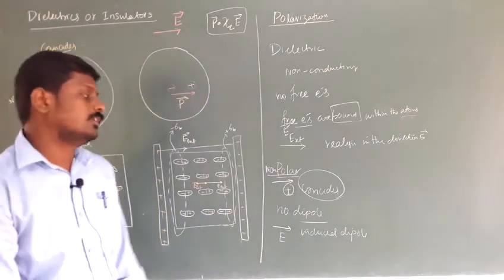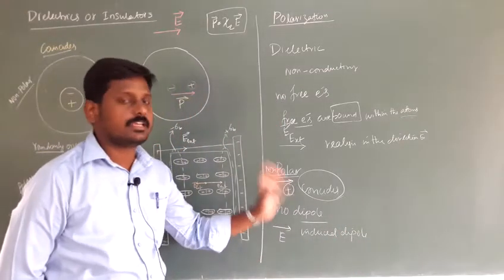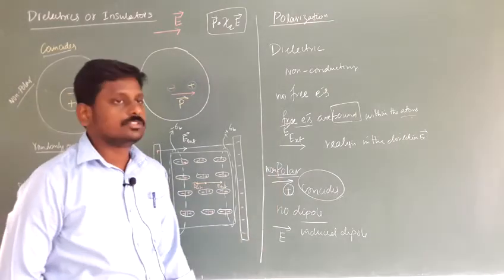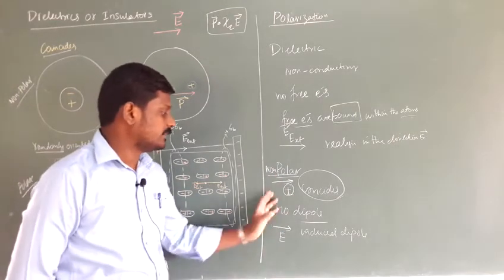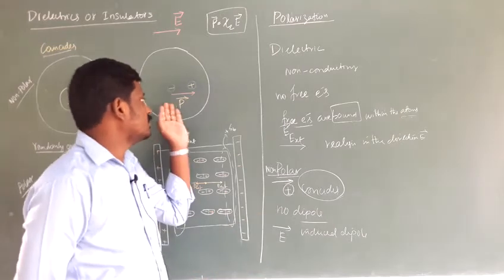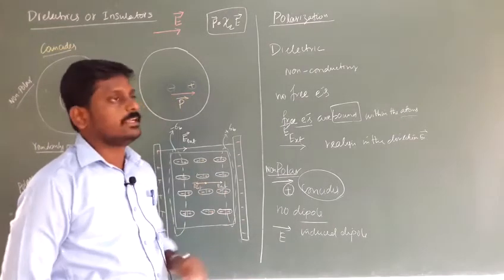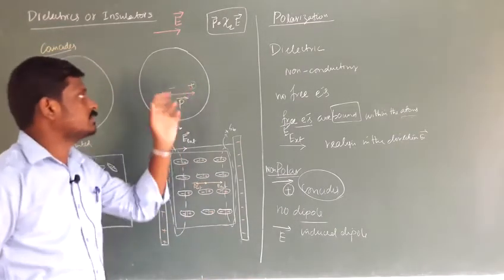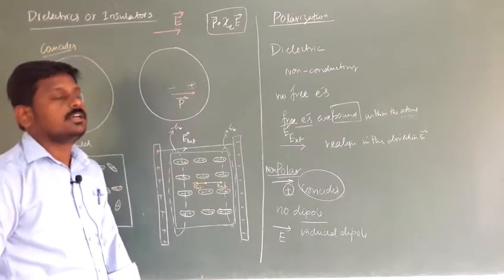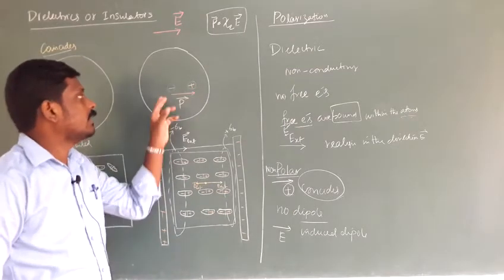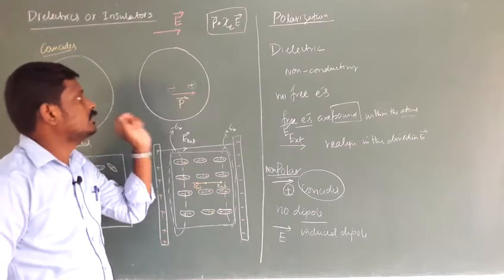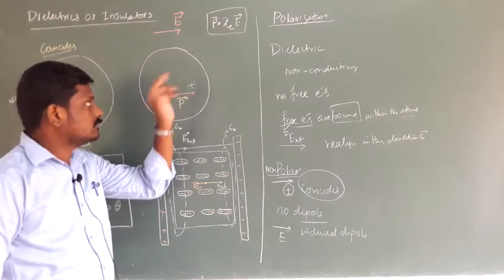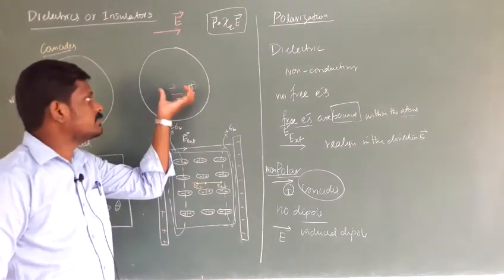So in non-polar molecules, the centers of positive and negative charge coincide, so there is no dipole. If you apply an electric field, the positive charge moves away from the negative. Equal and opposite charges separated by a small distance form an electric dipole.